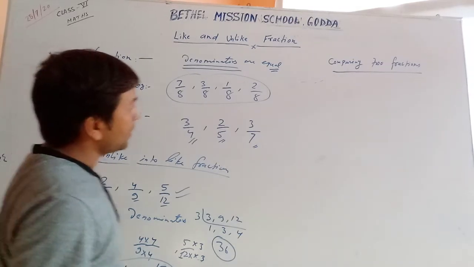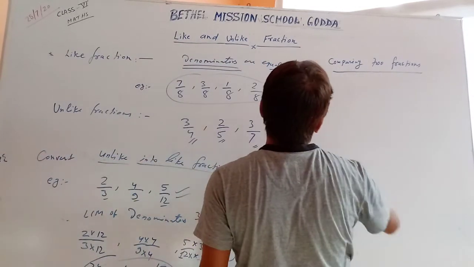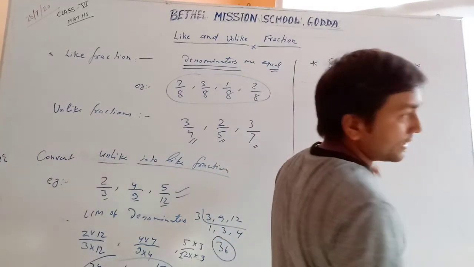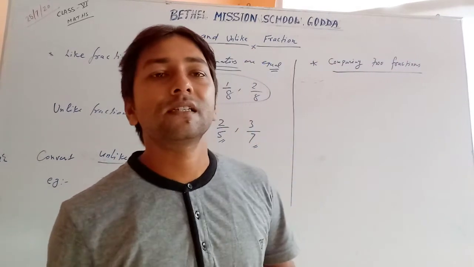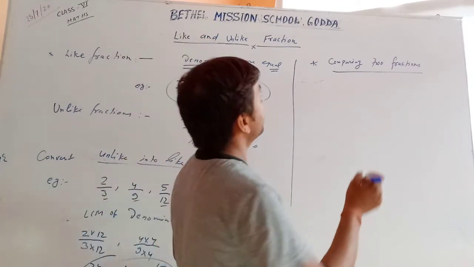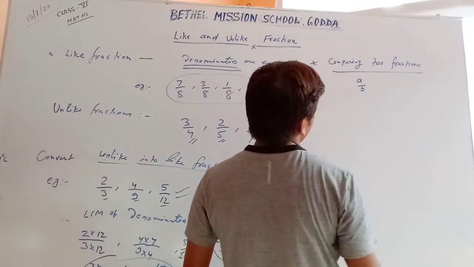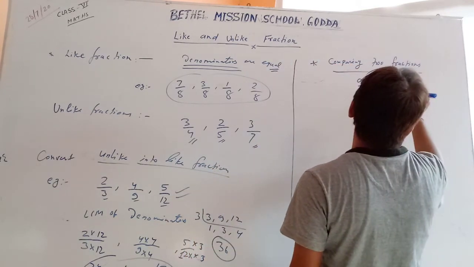Now the third thing: we have to compare two fractions, to see which is greater. First, the theoretical part. Suppose one fraction is given as a upon b, and another is c upon d.